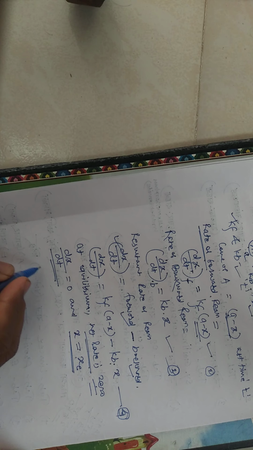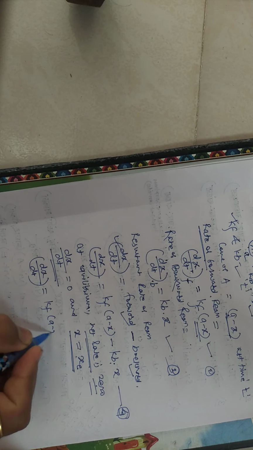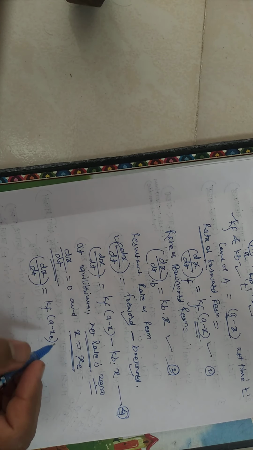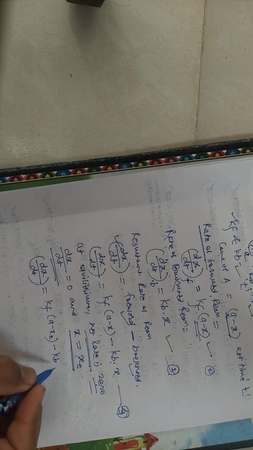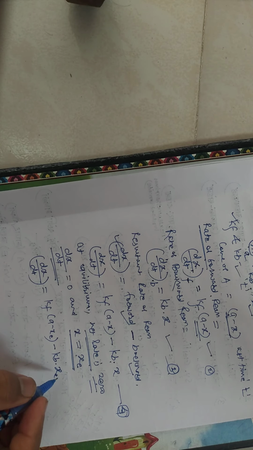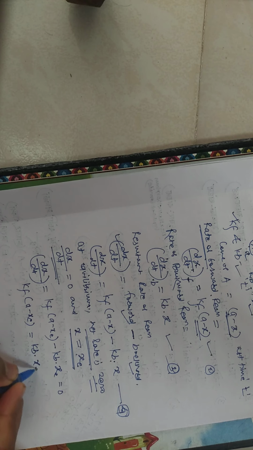Now simply see here, dx by dt is equal to kf into a minus xe, minus kb into xe, that is equal to 0. Or you can also write kf into a minus xe is equal to kb into xe.